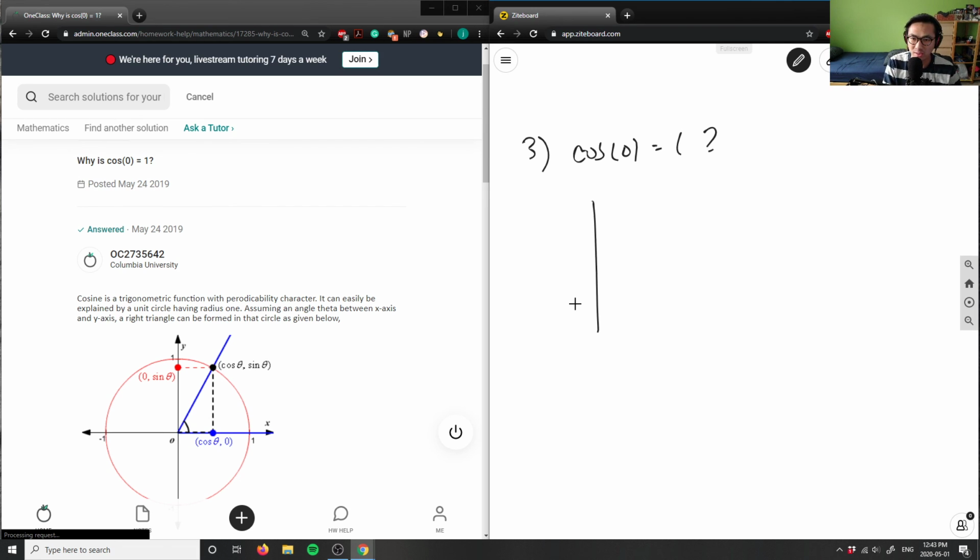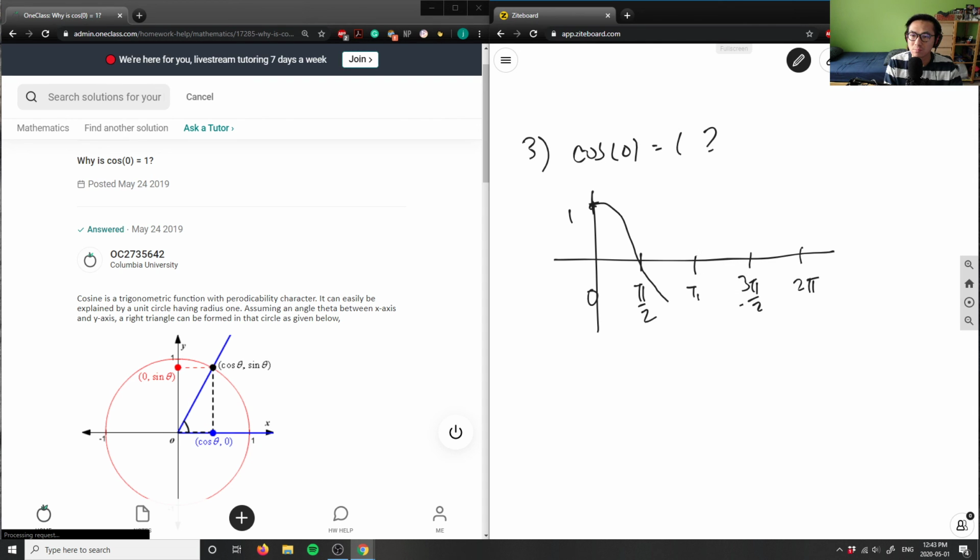If this was 0, pi over 2, pi, 3 pi over 2, and 2 pi, we know that cos starts at 1 here, goes to pi over 2, heads to -1, and then goes back up. Sorry about the bad curve.